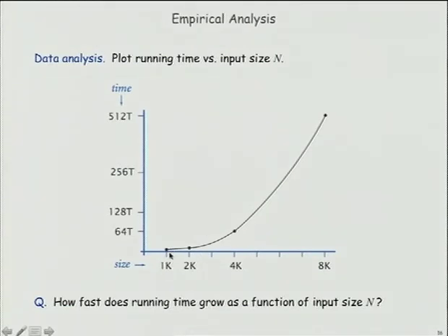So for 1k it takes a certain amount of time, and so on. And now the question that we have is, how does this grow as a function of n? If I give you the size n, can you predict how long this program will execute?